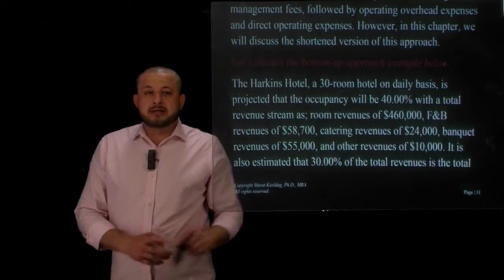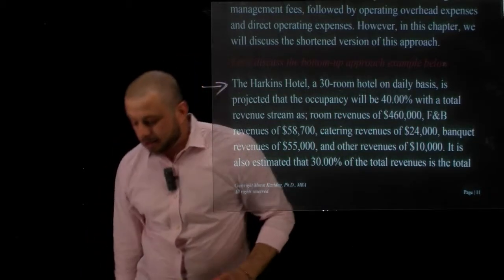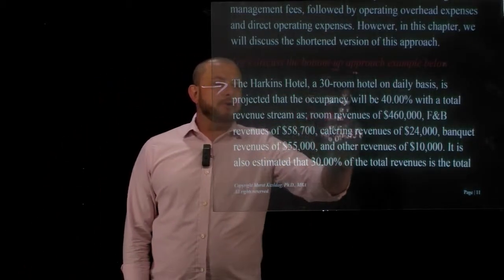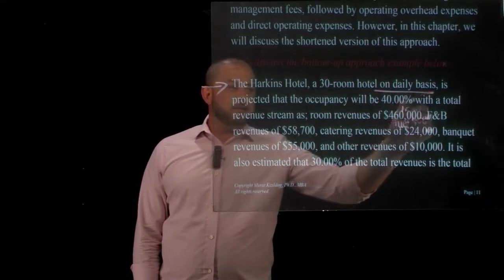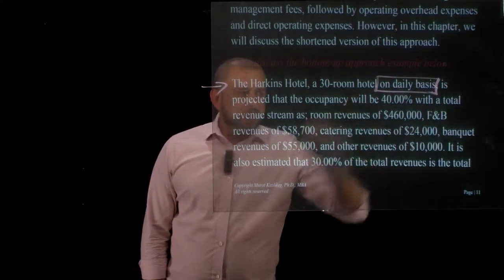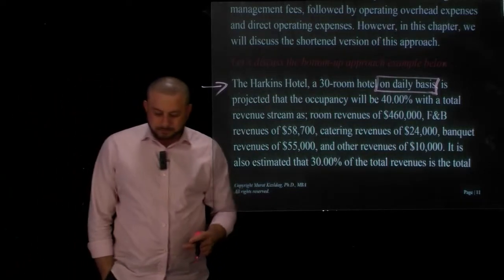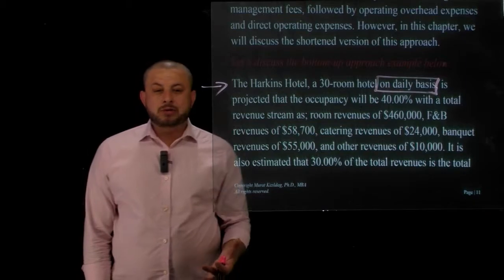The Harkins Hotel is the example. The Harkins Hotel, a 30-room hotel on a daily basis. Let me remind you something: sometimes in our equations, we use different time frames.